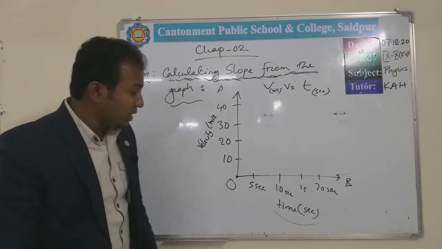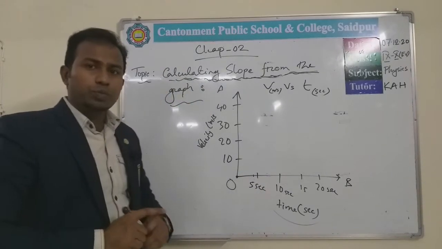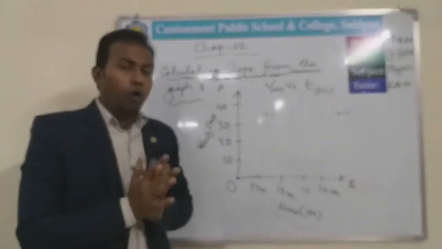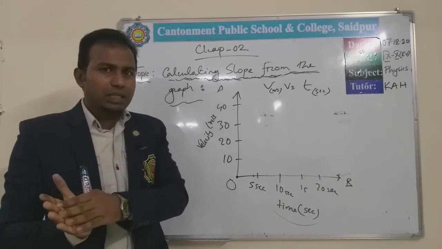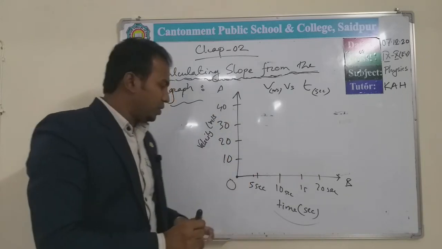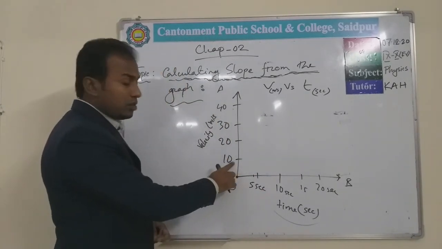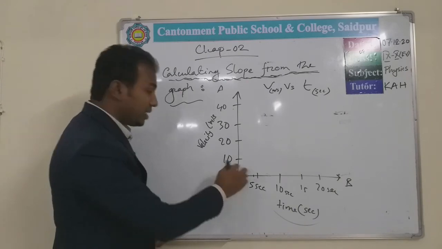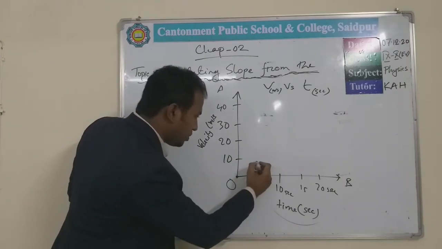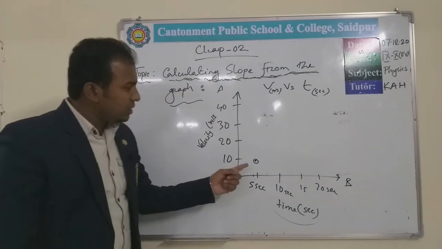Now you know what plotting is? Plotting means you have to plot a point for one side which matches with the other side's magnitude. This is 5. In 5 sec, it got the velocity value, that is 10. So it's matching over here. So I'm plotting the points.